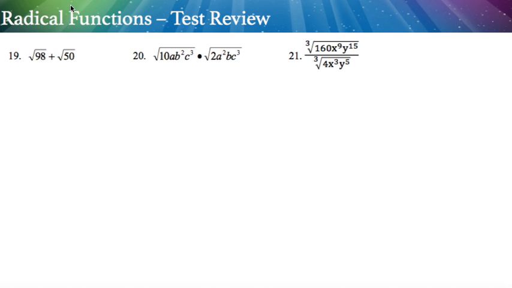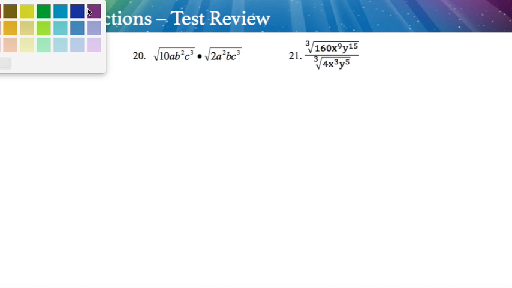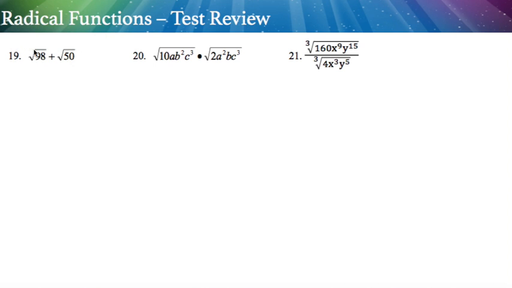All right, now with these problems, on number 19, I cannot add them together, okay? The square root of 98 and the square root of 50 are not like terms. So 98 and 50 cannot be added together. However, if I broke 98 down and 50 down.